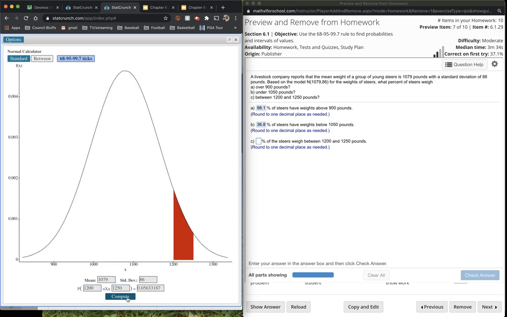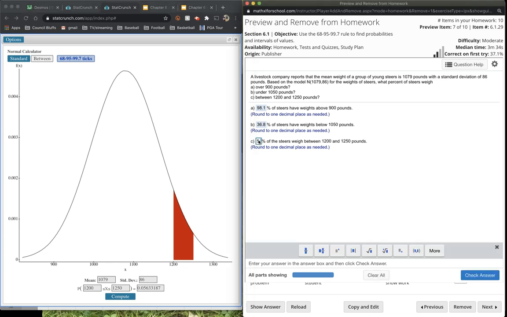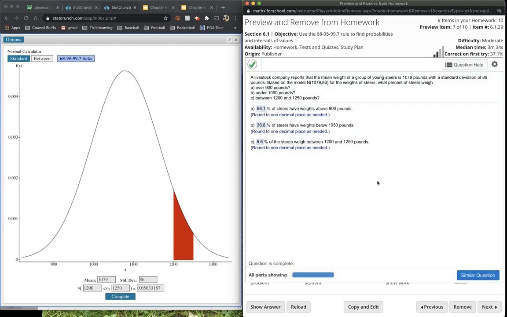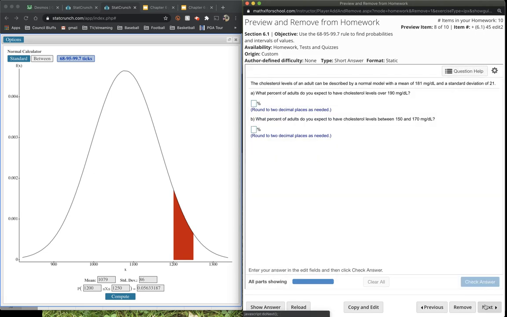And we're going to compute. All right, and again, if we round that to 1 decimal place, that's going to be 5.6%. And that is it for number 7.